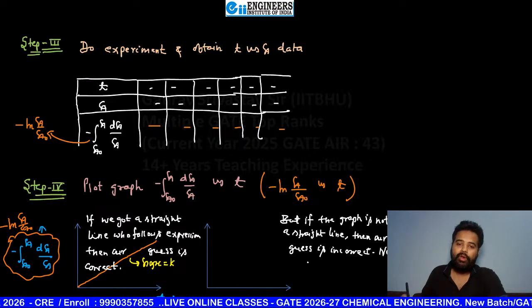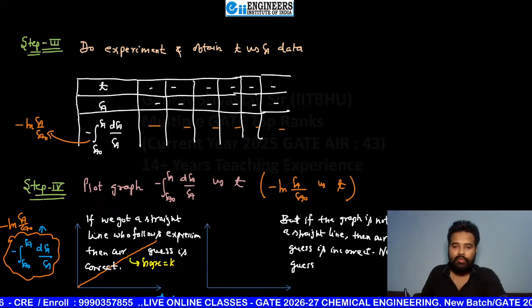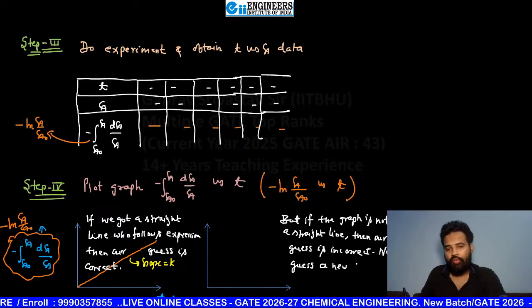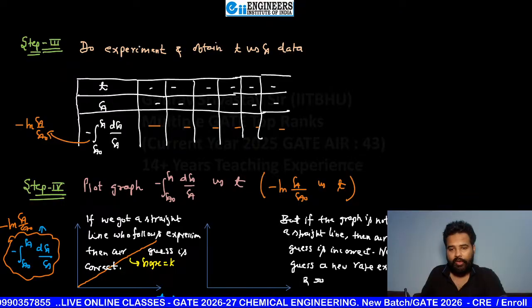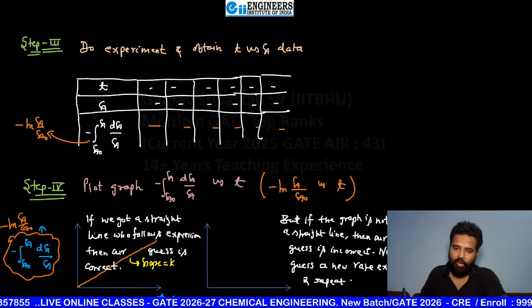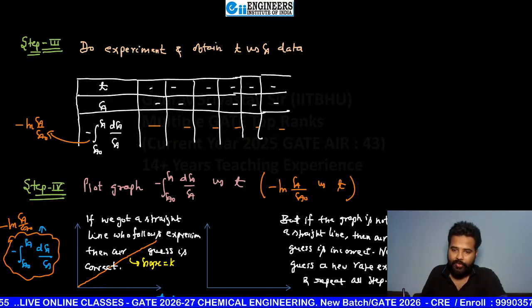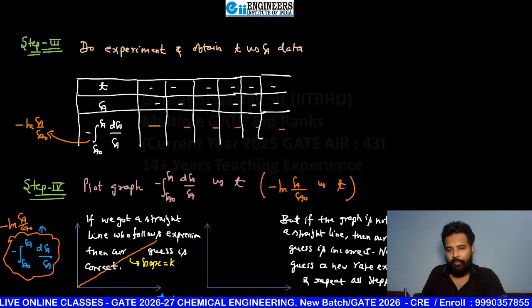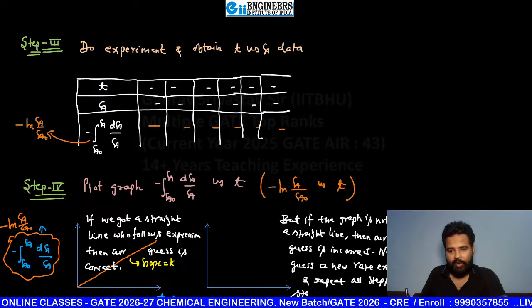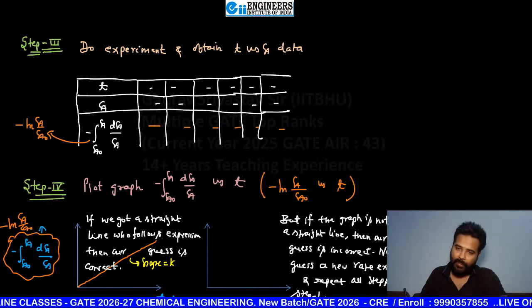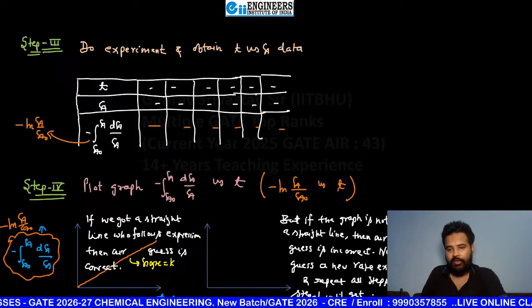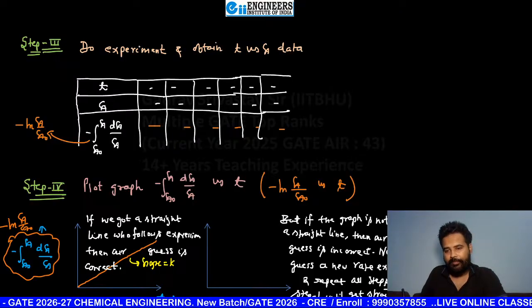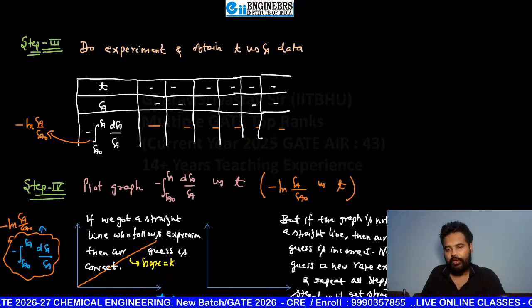Now guess a new rate expression and repeat all steps from step number 1 until you get a straight line.